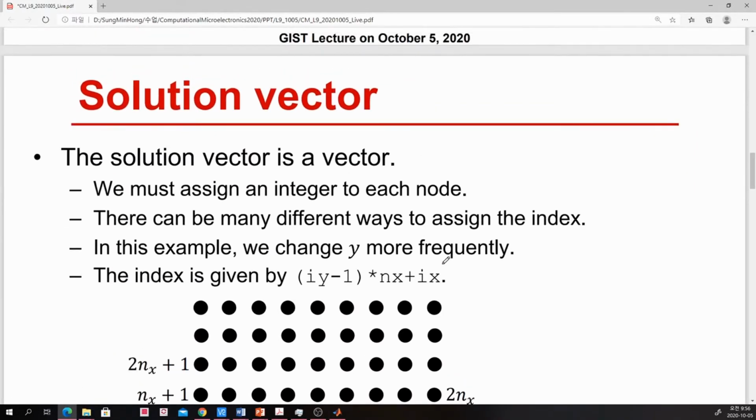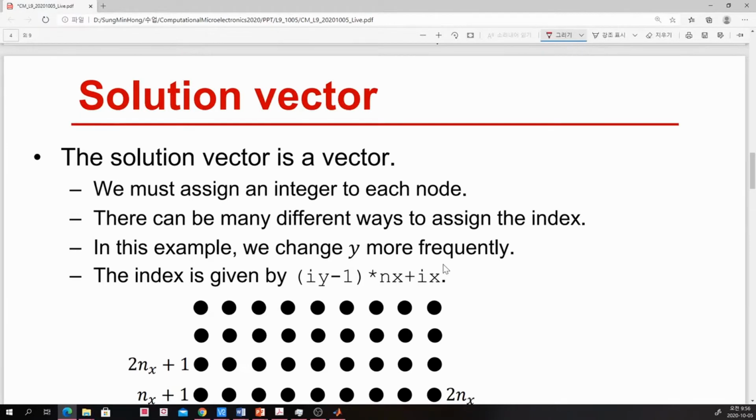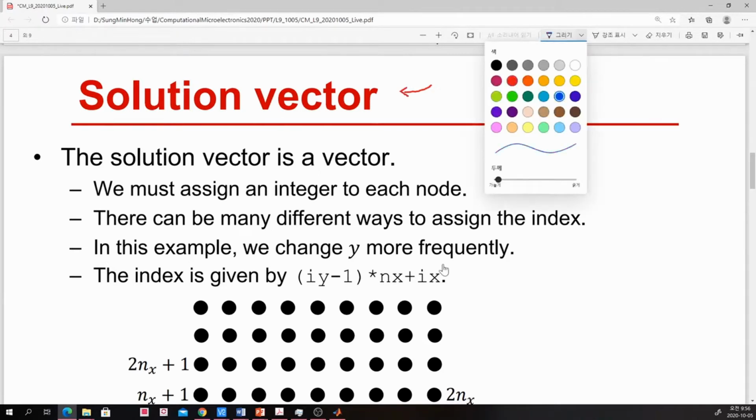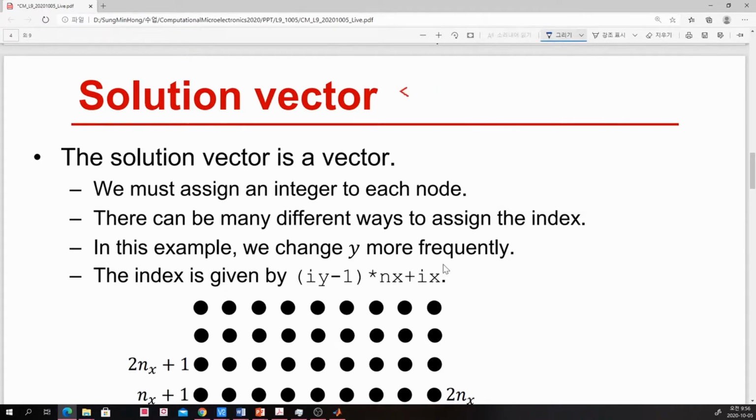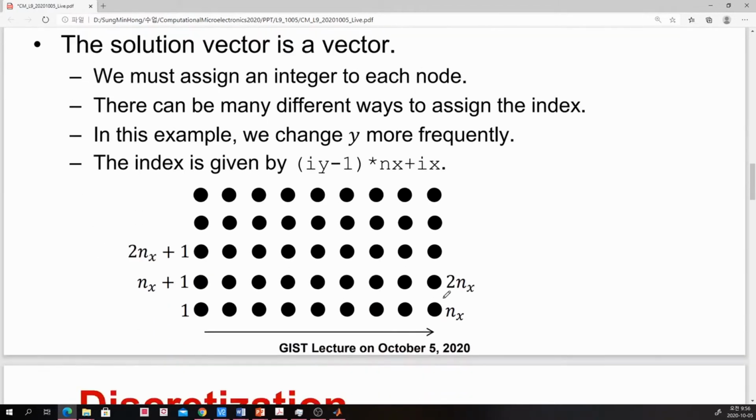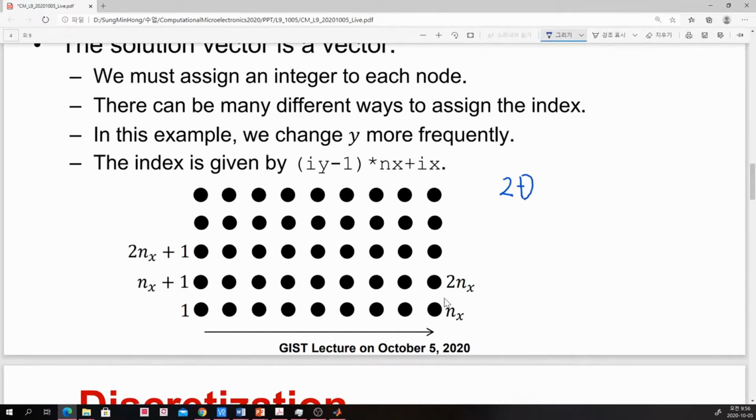Before talking about the boundary condition, we have to think about how we can assign certain physical quantities into the solution vector. Since now our domain is 2D, at a first glance, why don't we introduce just a solution matrix instead of a solution vector?